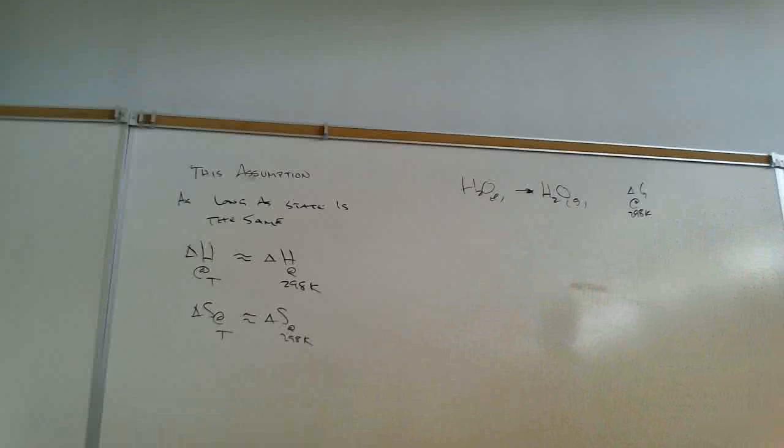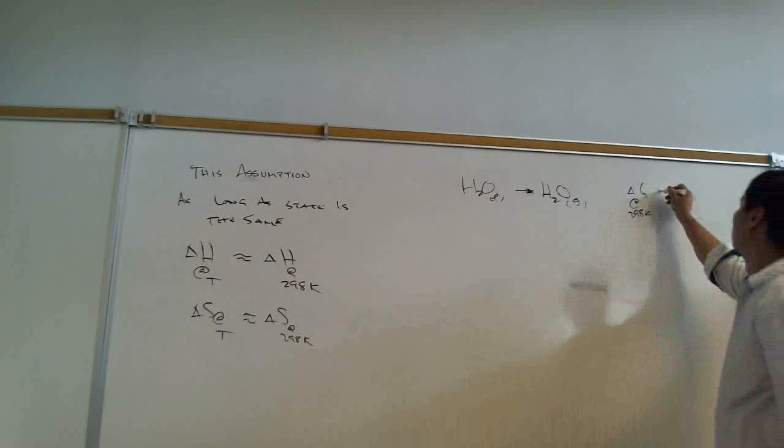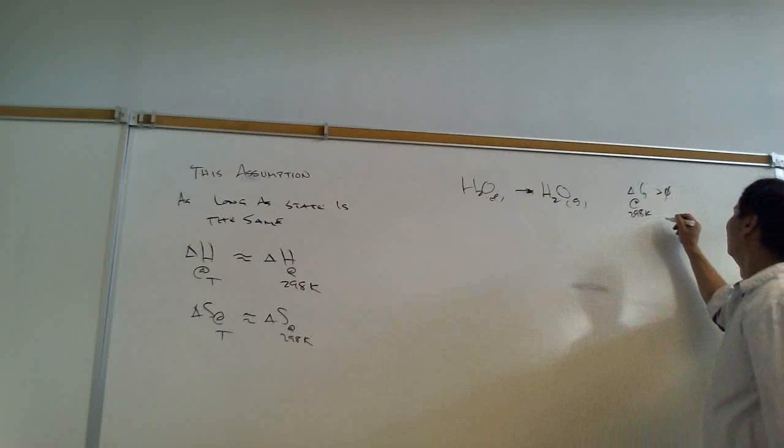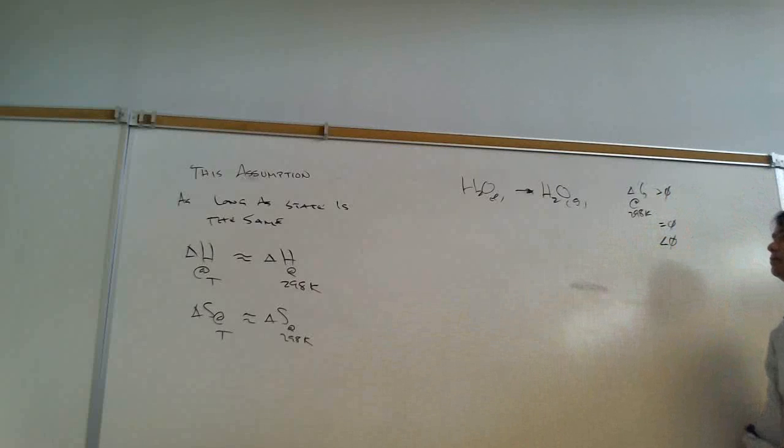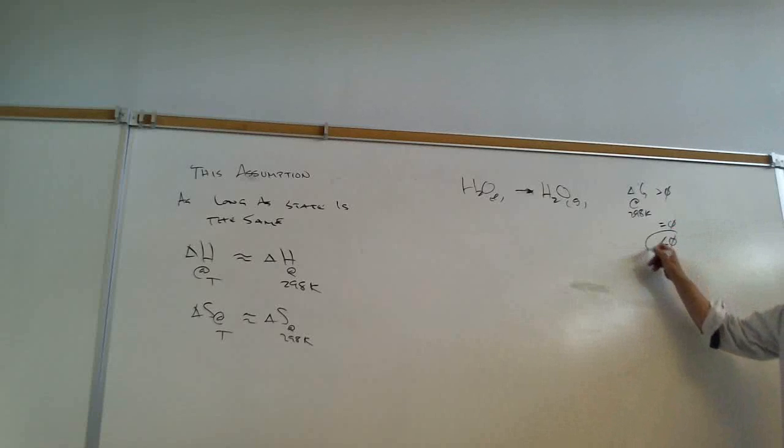Delta G at 298 would be, what do you think, greater than 0, equal to 0, or less than 0? Less than 0. It's got to be less than 0. Why? Entropy increases?